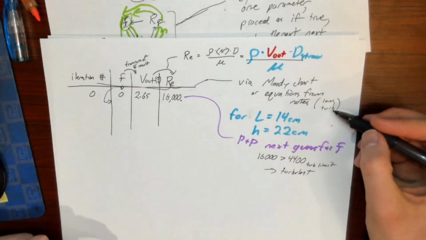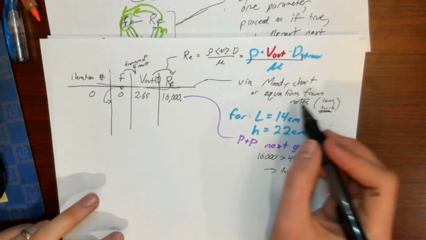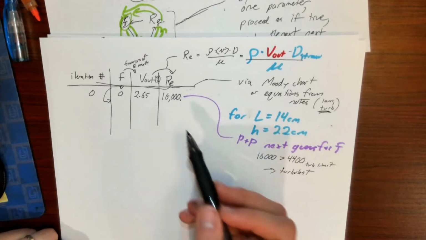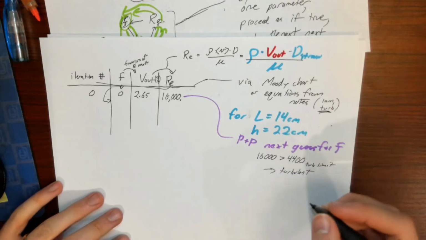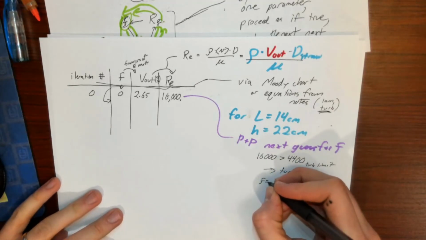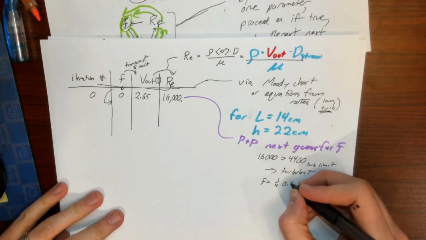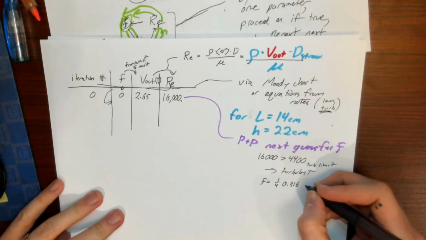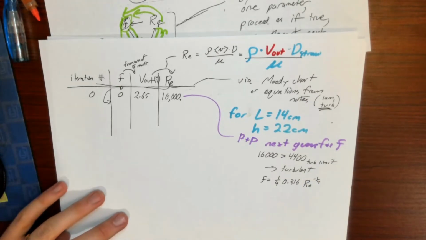If our flow is turbulent, and you look back in the notes, we can use the turbulent Reynolds number friction factor calculation, and that calculation is F is equal to 1/4 times 0.316 times Reynolds number to the minus 1/4 power.